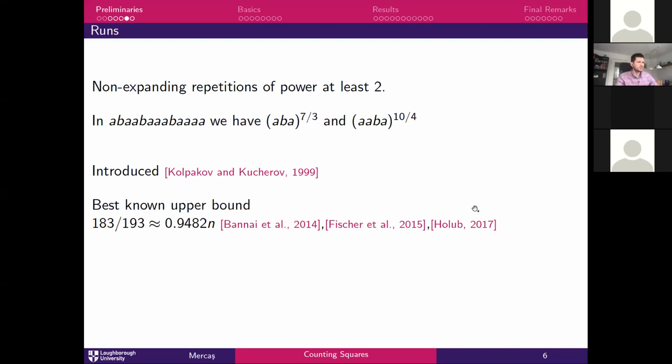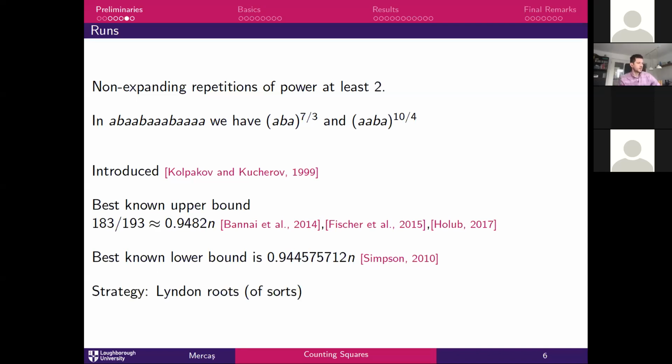And then the result was improved in the end by Holub to 0.9482n. Together with the result of Simpson from 2010, which gives the lower bound, this shows that the bound is rather tight. If you're looking at these two numbers, it makes no sense to look further.